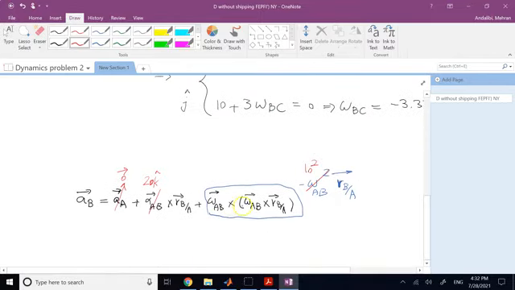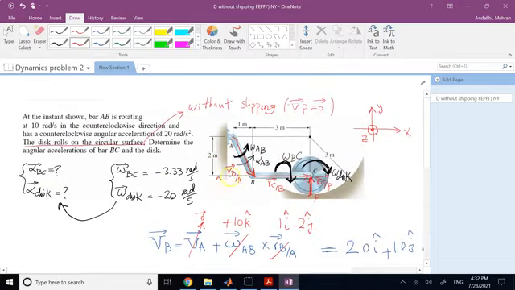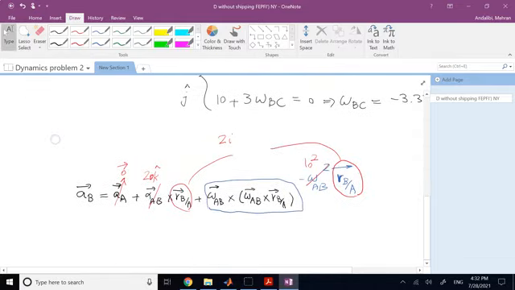And as I said, R of B with respect to A, which I need, if you remember, it is 1I minus 2J. So it is 1I, then minus 2J. This is this vector.